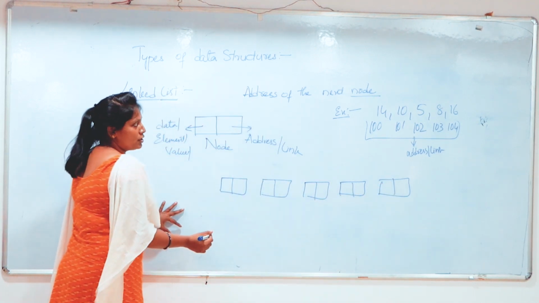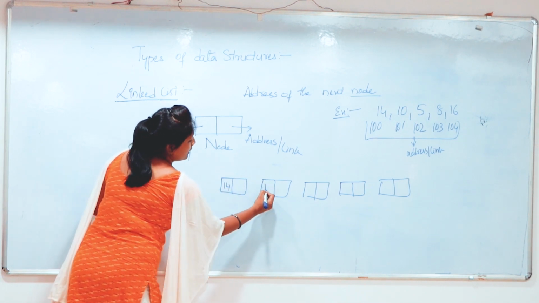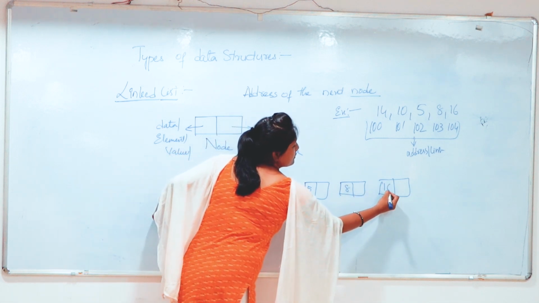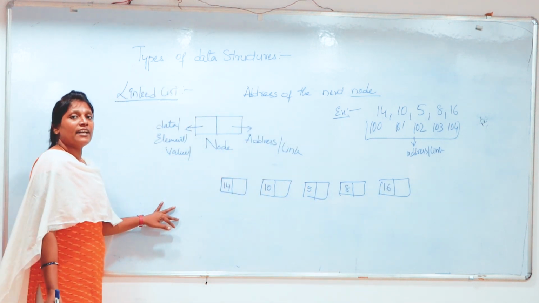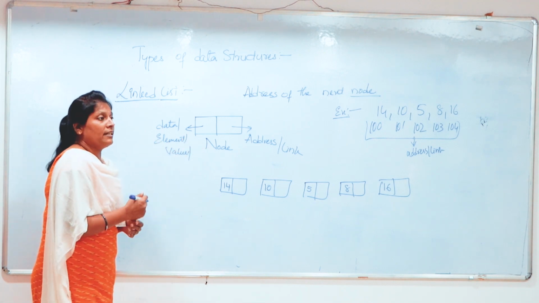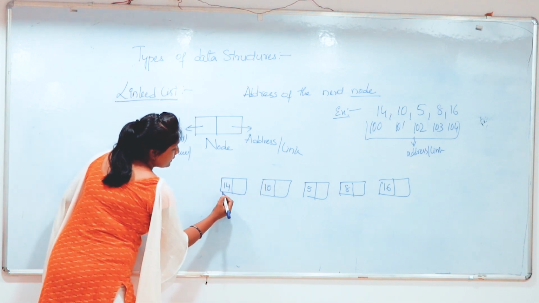Here I will give the data part: 14, 10, 5, 8 and 16. Here I will insert my elements, and how will we know the next element is 10 in the memory? Because of this address.